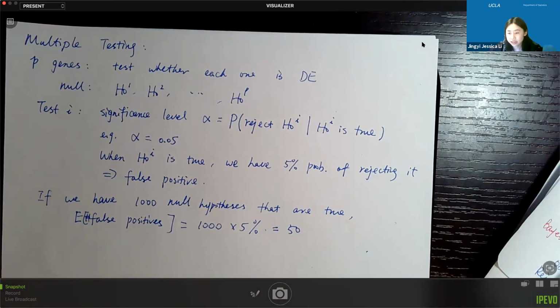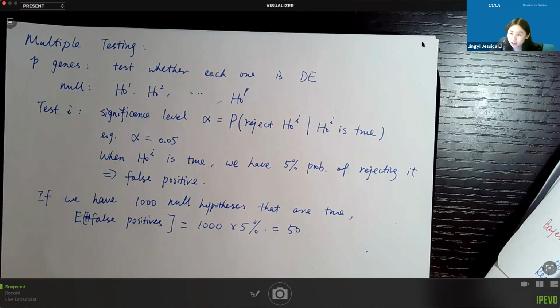So you can imagine that this is something that's not so good for us, because the number of false positives will increase linearly as the number of null hypotheses increases. And in biology, when we do differential expression analysis, we believe most genes are not DE.